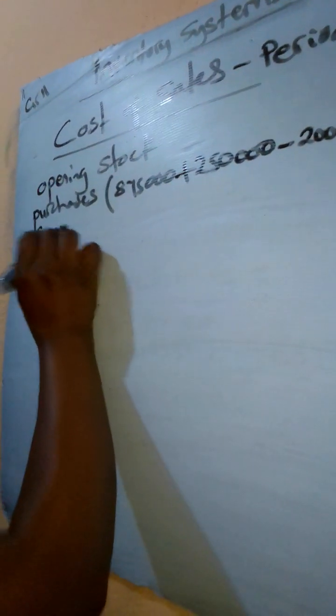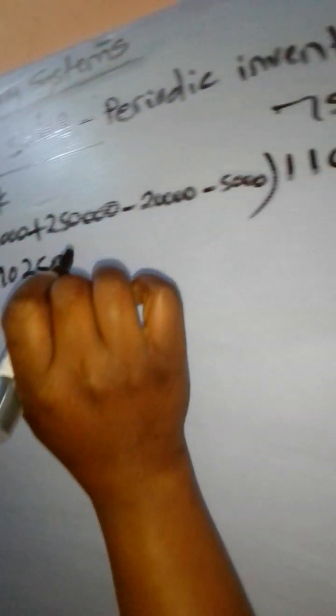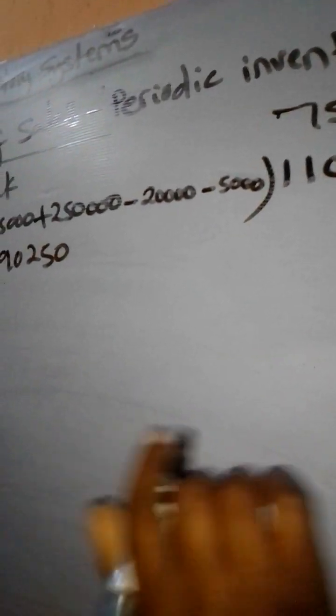Now the next thing is for us to record our carriage. Carriage on purchases is 90,250. Do we have any adjustment for the carriage? We've got adjustment number 3.